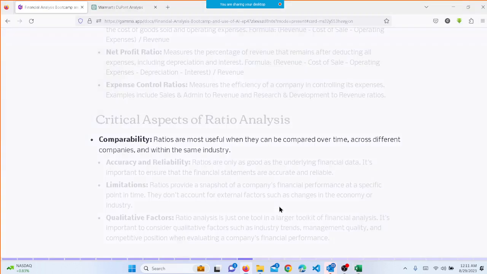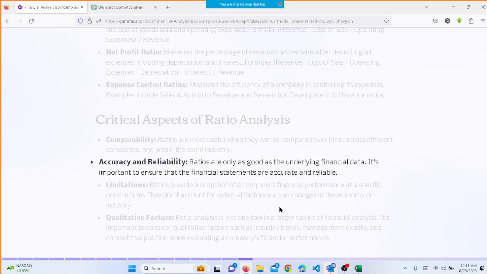So that's the idea of ratio analysis. Ratios are more useful when you compare over a period of time, against the industry, and against other companies, and you cannot rely 100% on the data, right? Let's say the accounting has been messed up at Walmart, and the closing inventory is overvalued.